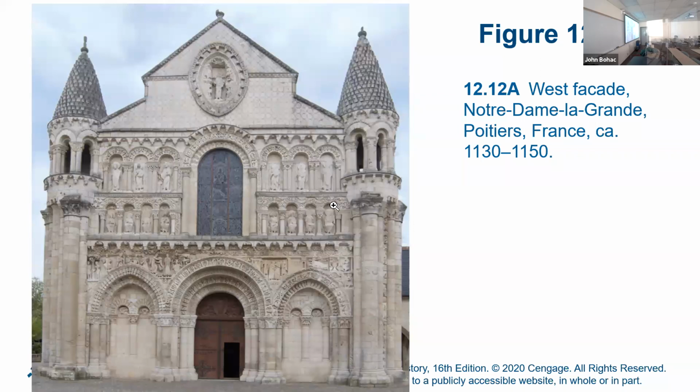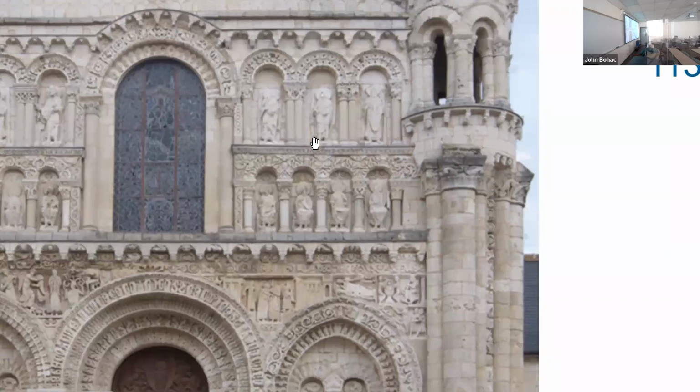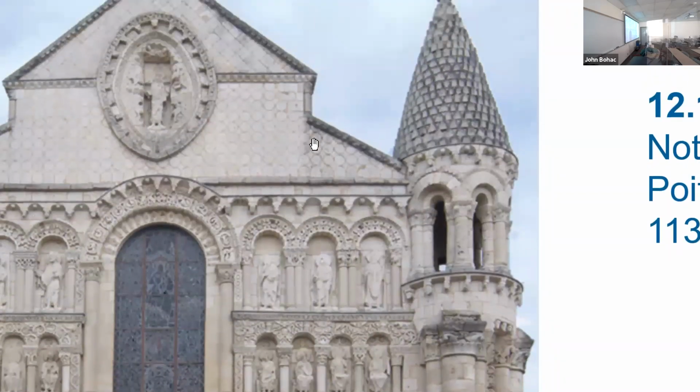This is actually quite stunning. Again, kind of a split between a lot of that exquisite ornamentation as well as figures, important figures, holy figures, and then highest and biggest up here, Christ.